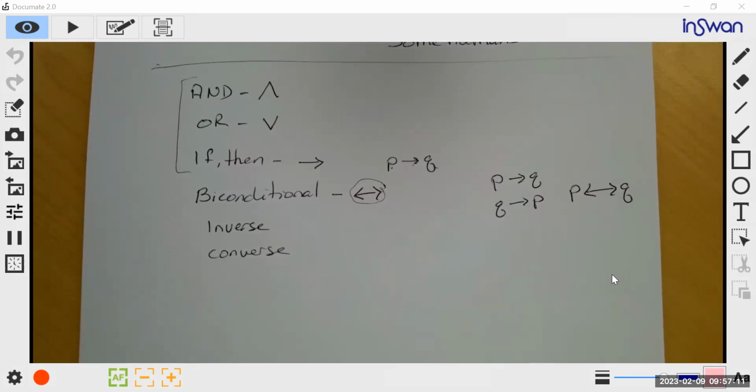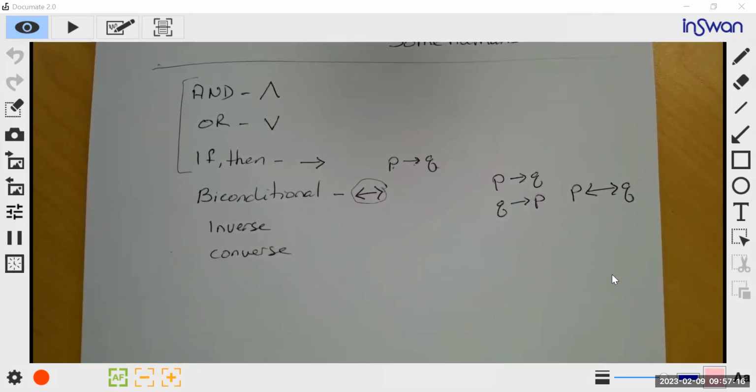We use that symbol in chemistry. If you've ever taken a chemistry class, a subject called stoichiometry is when you talk about balancing equations.